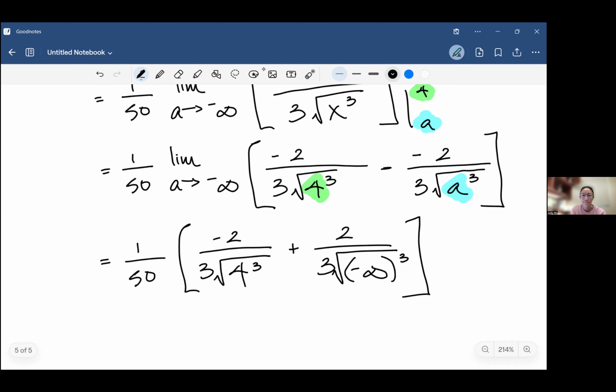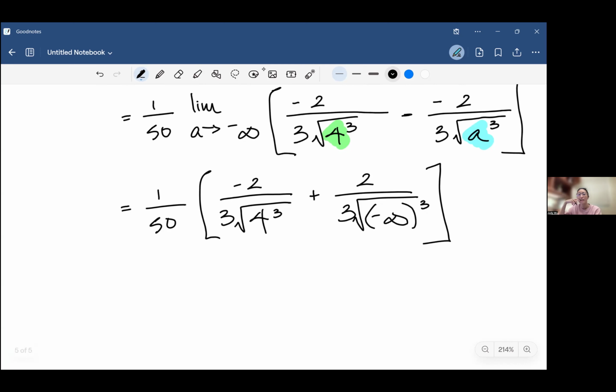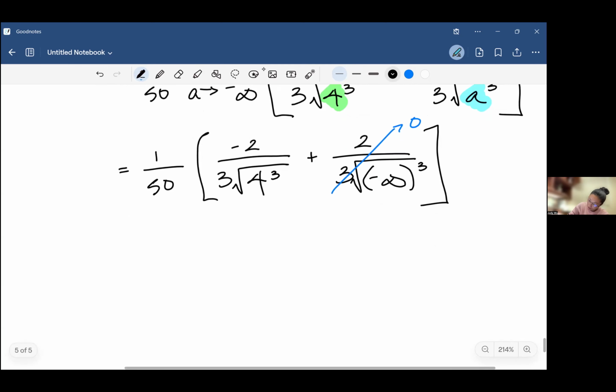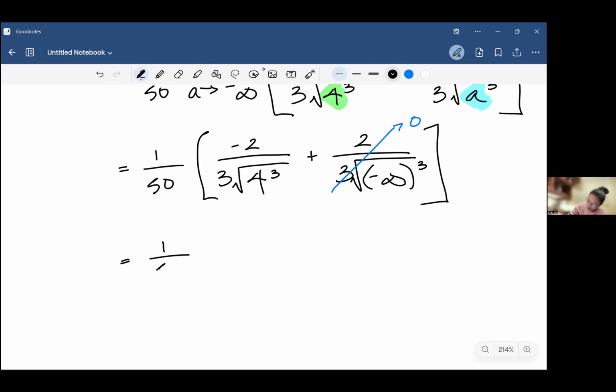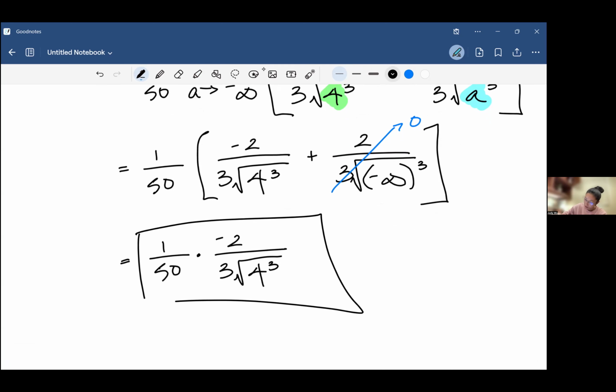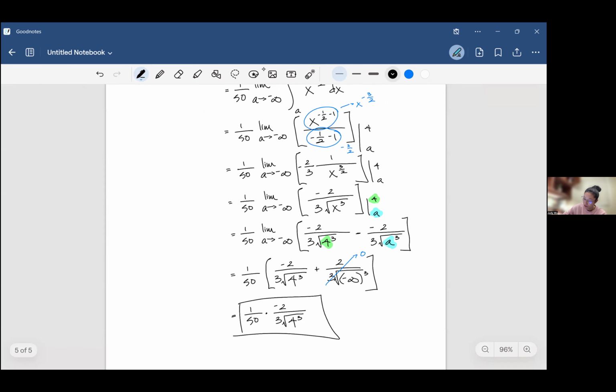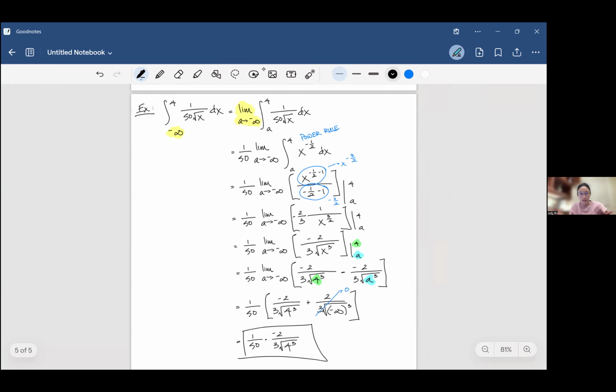Okay. Now we're dividing by infinity. All right, the same idea. And when I divide by infinity, I'm essentially going to 0. And so what I have left is this gross looking thing, 1 over 50 times negative 2 over 3, the square root of 4 cubed. And this is our gross looking but correct answer.